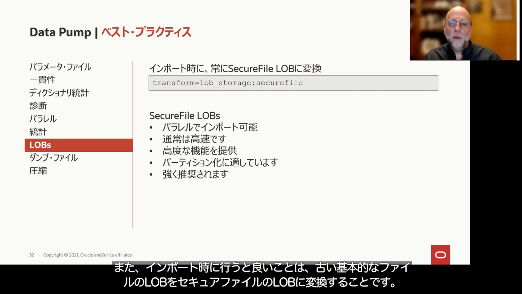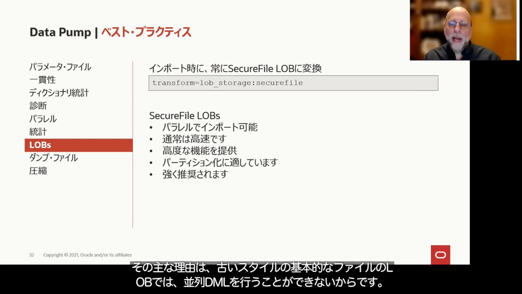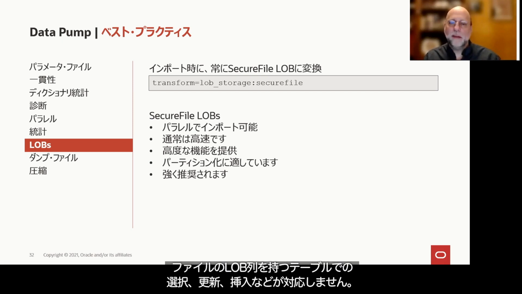Another good thing to do on import is to convert your old BasicFile LOBs to SecureFile LOBs. SecureFiles were a feature added way back in 11.1, and they've been fantastically successful in improving performance on tables with LOB columns. The main reason for that is that BasicFile LOBs, the old style, prevent us from doing any parallel DML, and that means selects as well as updates and inserts on a table with a BasicFile LOB column.